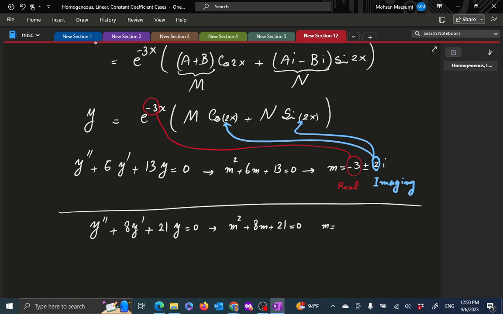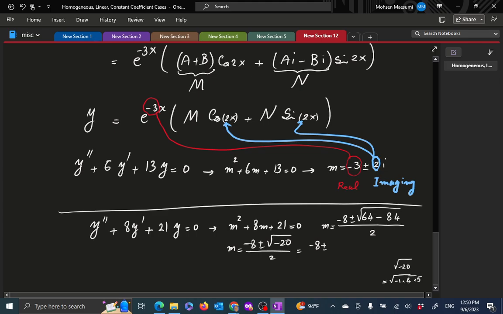So m is equal to minus 8 plus or minus the square root of 64 minus 84, divided by twice the first number. So m is minus 8 plus or minus the square root of minus 20, over 2. Minus 20 is minus 1 times 4 times 5.